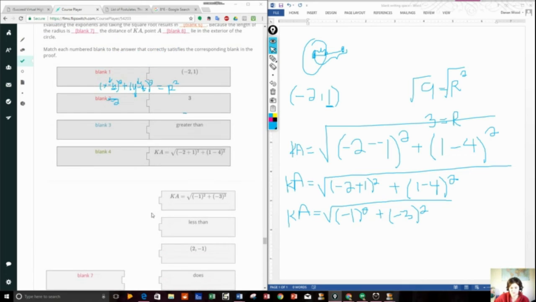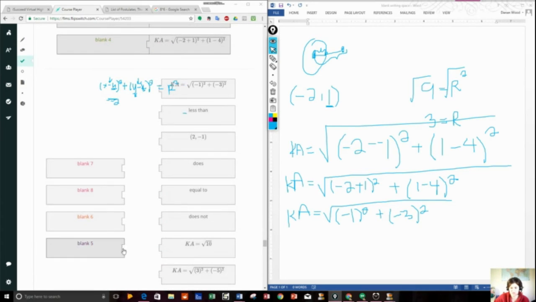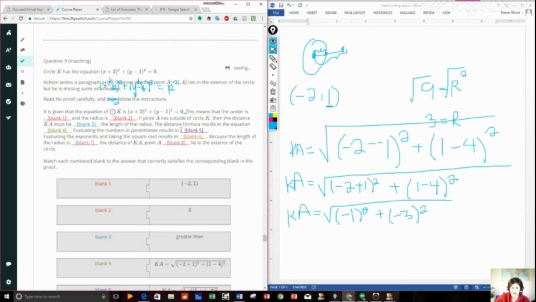So that is just evaluating the numbers inside the parentheses. So I'm looking for (−1) squared plus (−3) squared. And then evaluating the exponents and taking the square root results in. Okay, so we're going to evaluate the exponents and take the square root.